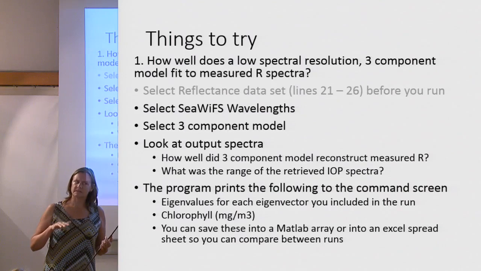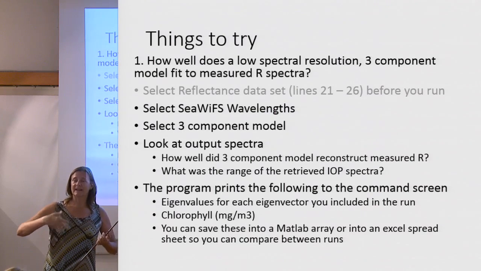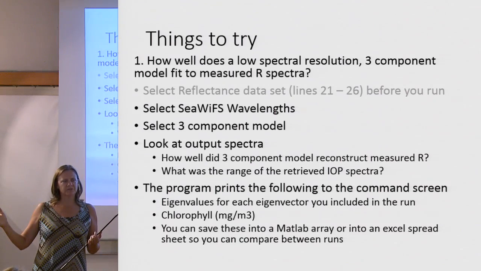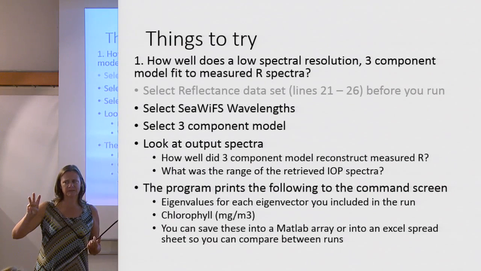So what this says is that a very, very simple model with only 3 components in it, and varying the relative concentrations of those 3 components, can provide an estimate of a reflectance spectrum over a large range of values of reflectance, from coastal waters often to the oligotrophic gyre. Just 3 components.